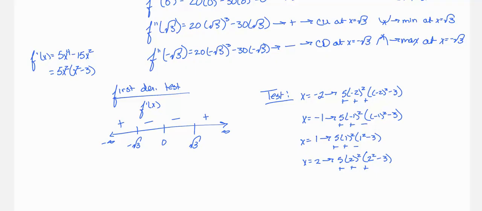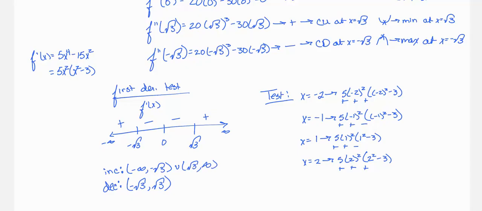So we said we'll go ahead and do increasing and decreasing also. You're increasing from negative infinity to negative square root of 3. Look what's happening around 0. It's decreasing to the left and to the right, even though there's no discontinuity here. We could write that decreasing interval from negative square root of 3 to square root of 3, and then increasing from square root of 3 to infinity.